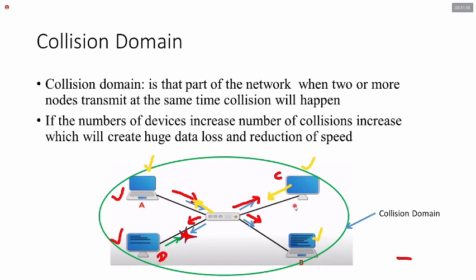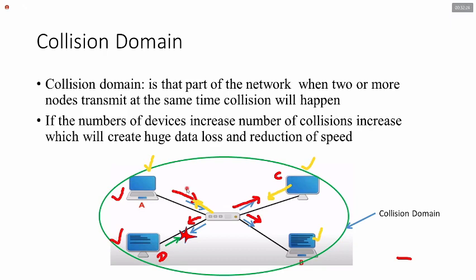So that is the situation. So we say all the devices connected to a hub belong to one collision domain. One collision domain means if one device and another device are trying to send data simultaneously, there is a very big possibility of getting a collision, right?